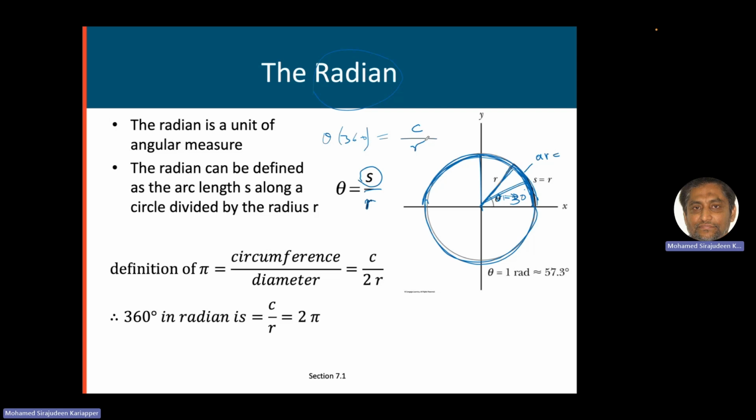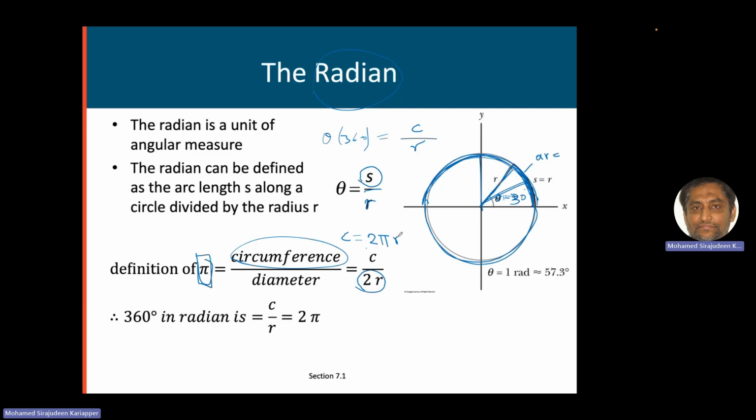Let's do that. This is done by knowing about pi. What is pi? Pi tells you the ratio of the circumference to the diameter: how many diameters you can place in the circumference. That ratio is called pi. So pi is C divided by the diameter, which is 2 times R. Therefore, C is 2 pi R. What does diameter mean?